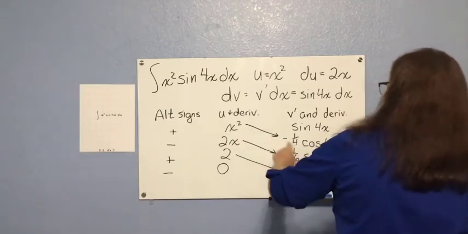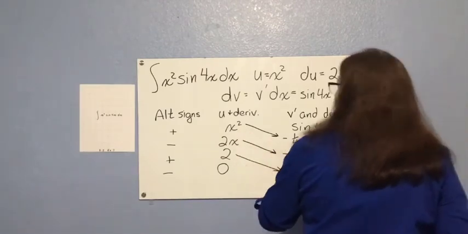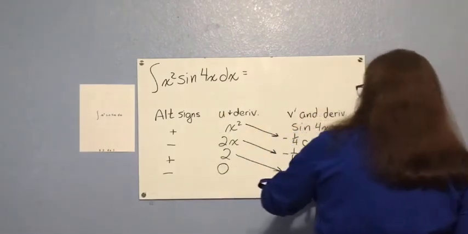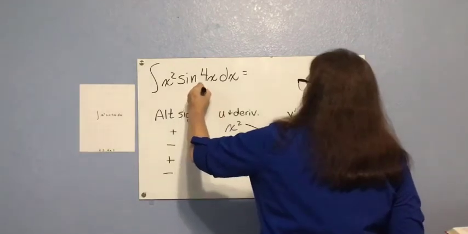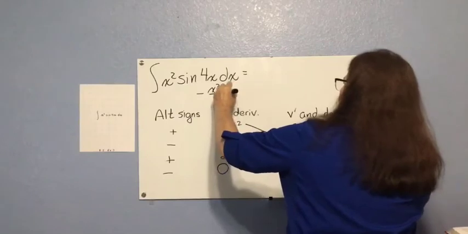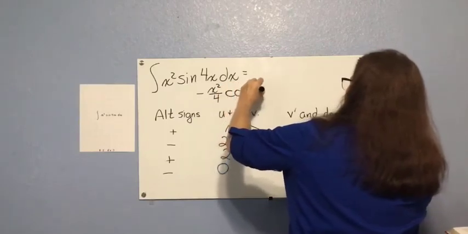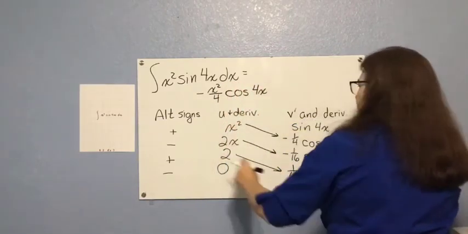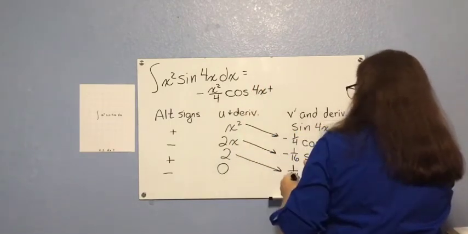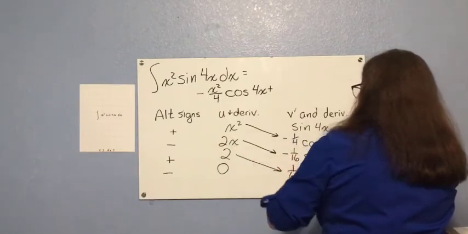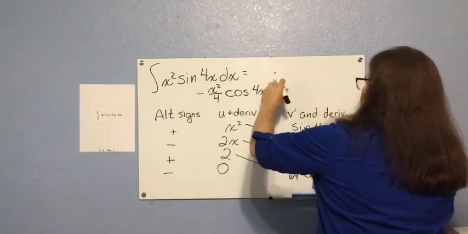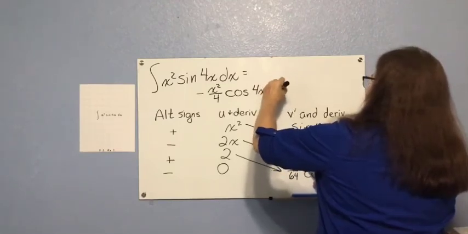Okay, and we're going to multiply these things together to get our integral. So we're going to start with negative x squared over 4 cosine 4x. And then here I've got a negative, but that's a negative, so this is going to be plus 2/16, which would be 1/8, that needs to be an x.